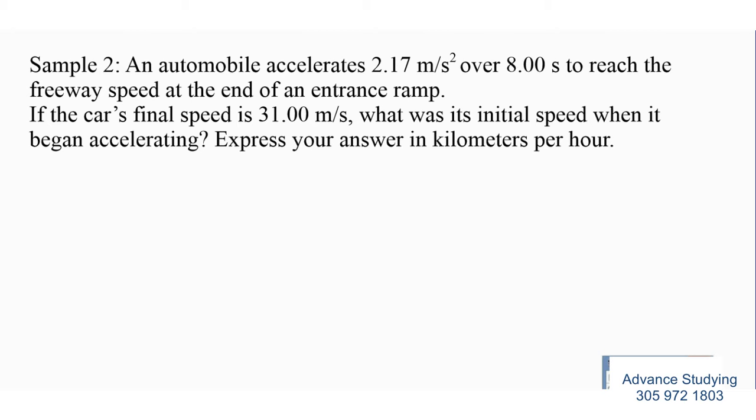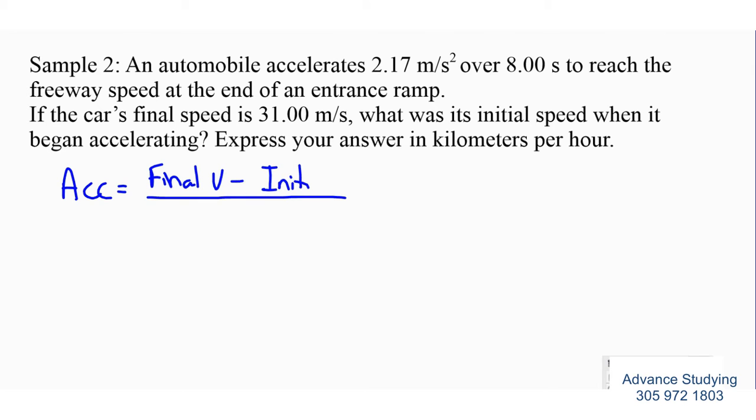The equation looks as follows. The equation says acceleration, as we did earlier, equals change in speed. And change in speed simply means final velocity minus initial velocity or speed, divided by your time.